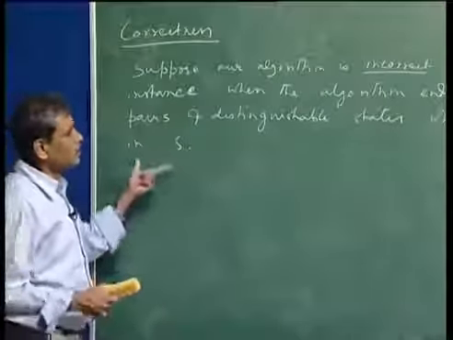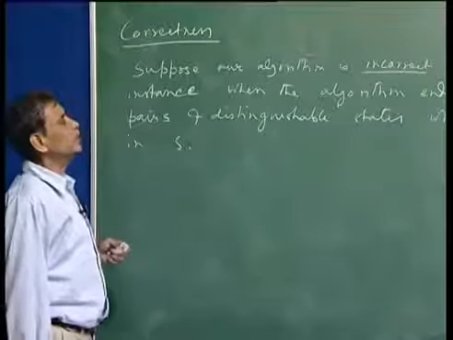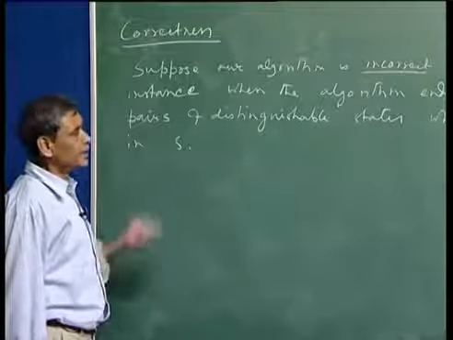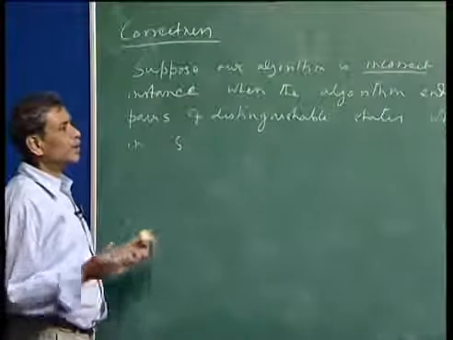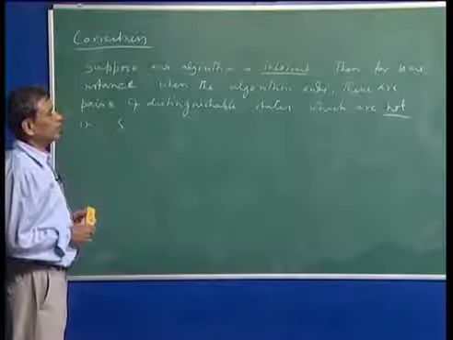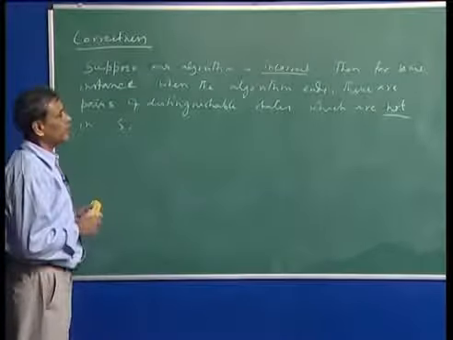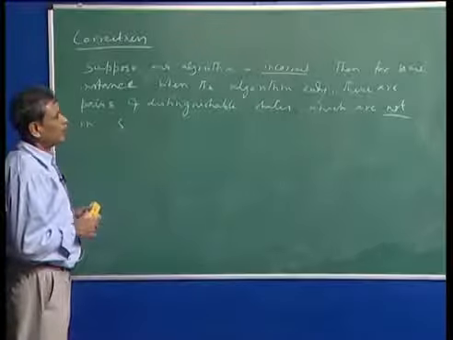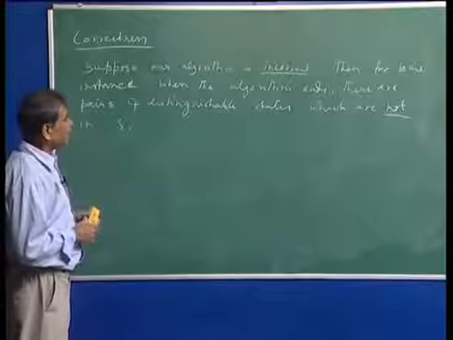So incorrect means this condition must be true: there must be some instance where it is working incorrectly. That means it has not been able to put all the distinguishable pairs of states into S.